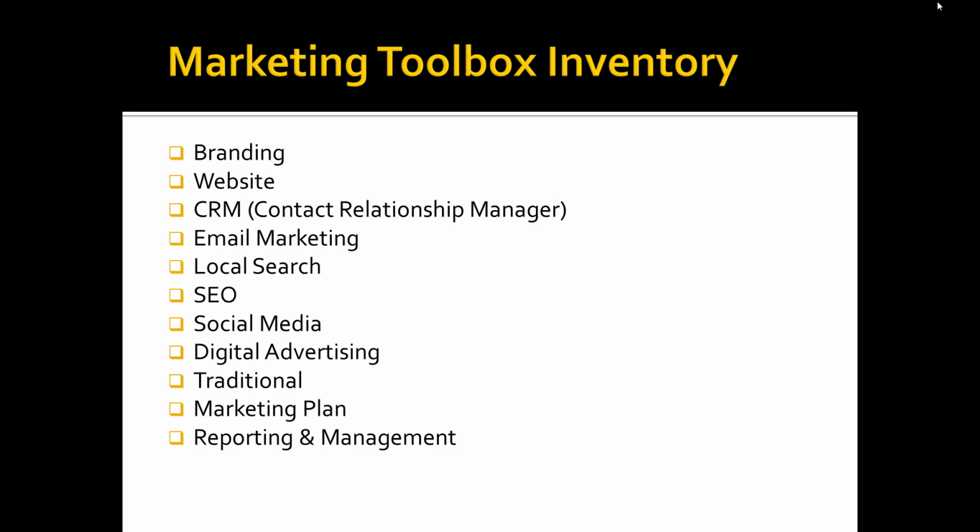Next is local search. Local search, the big player there is Google My Business. And when you search for something, let's say you're a plumbing company and you put in plumbing, you're going to get some paid ads near the top. Then you get a 3-pack of the Google My Business, the maps, and that's what we're talking about here.